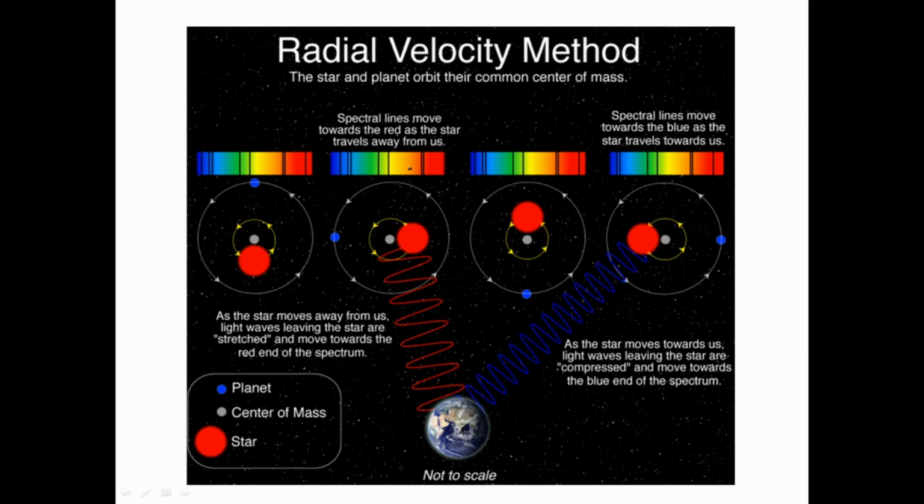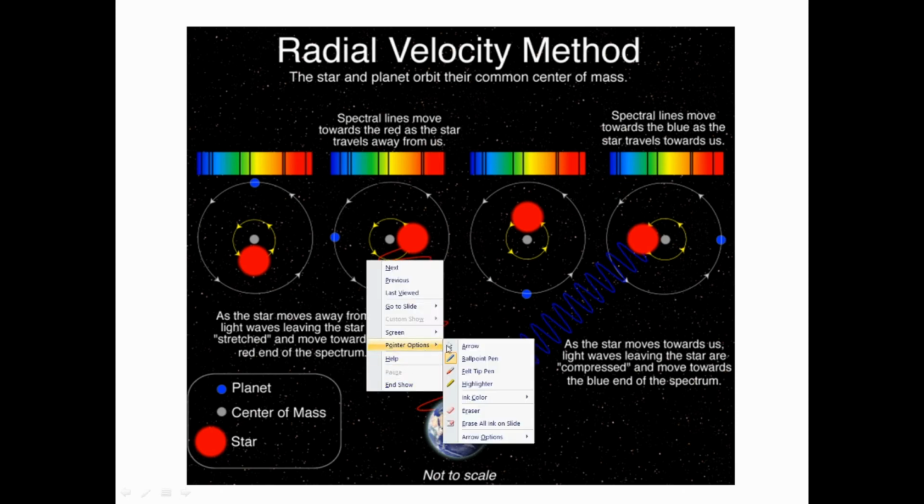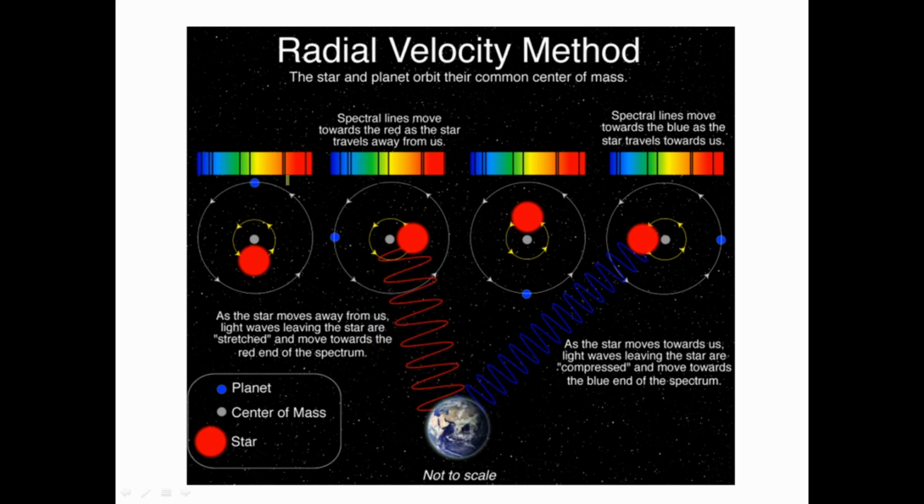So if you compare these spectral lines to these spectral lines, they've all been shifted to the red end of the spectrum. If we look at these two spectral lines here, they have moved over more into the red side, and this one has completely shifted off the spectrum.